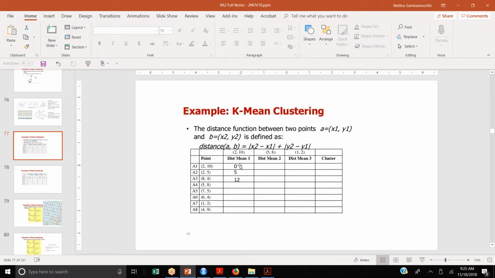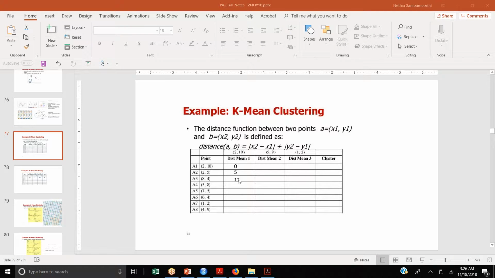So the distance between (2, 10) and (2, 10) is 0. But (2, 10) to (2, 5) is 5 units. Do you buy that? Very simple, isn't it? And the distance between (2, 10) and (8, 4) is 12, because 2 minus 8 is 6, 10 minus 4 is 6, so it's 12.